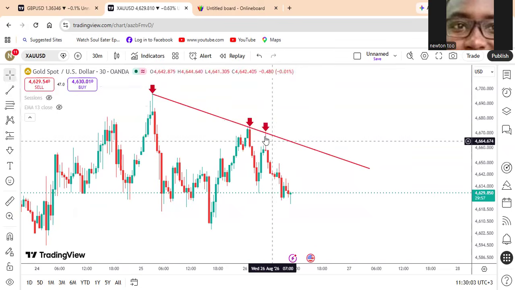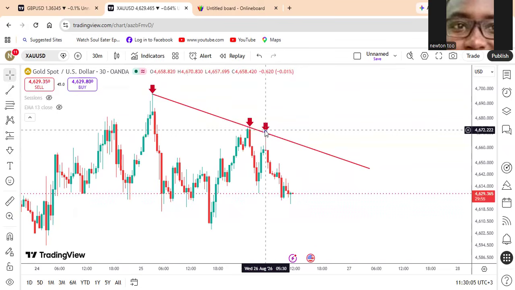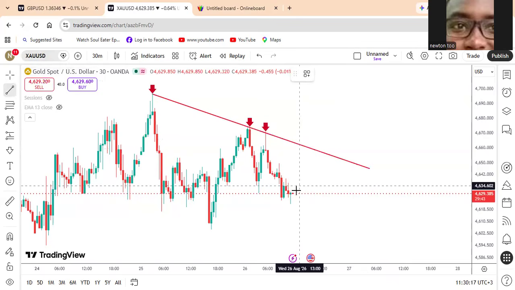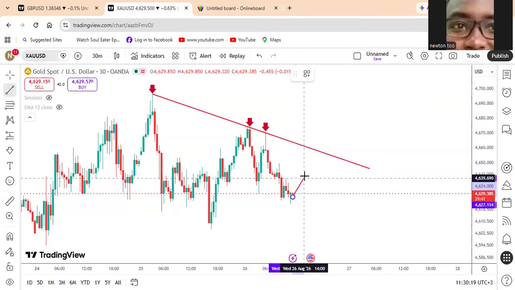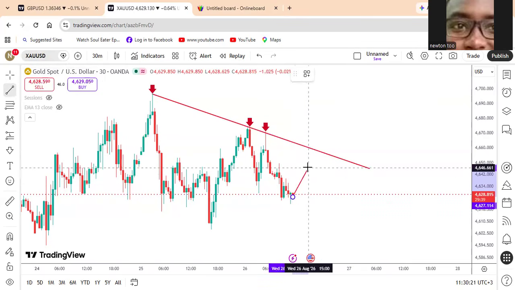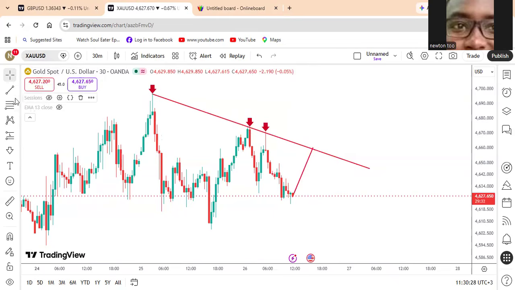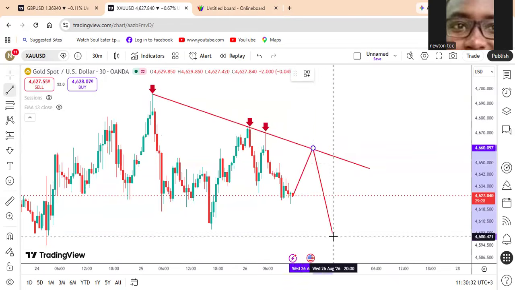So this was supposed to be my entry sell here, but the market went down. So the whole of today is 8/26, 2026. And for me to trade this market, I need this market to come back to my trend line here, so that I can look for a bearish downtrend today like that.